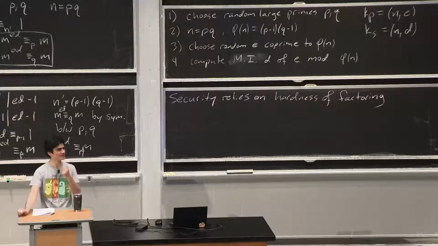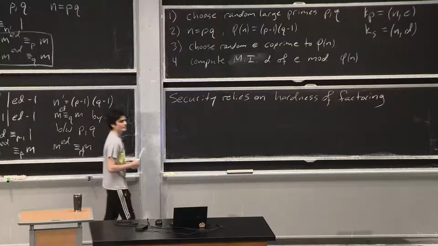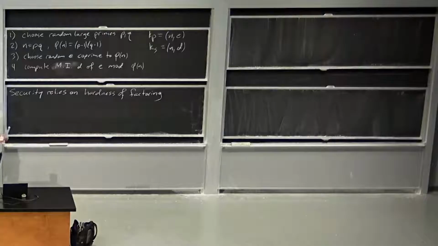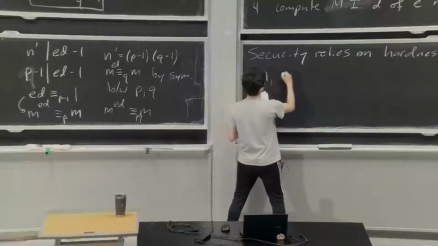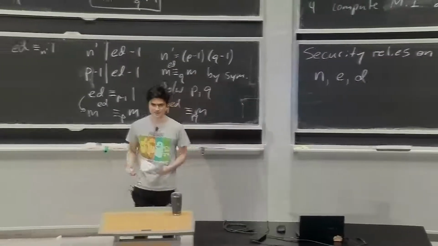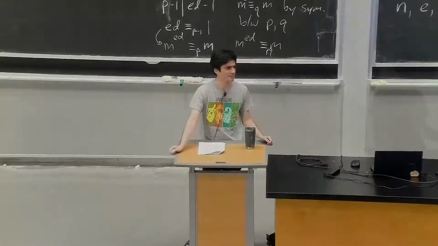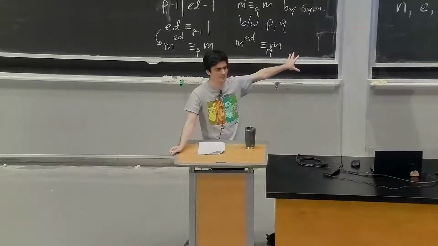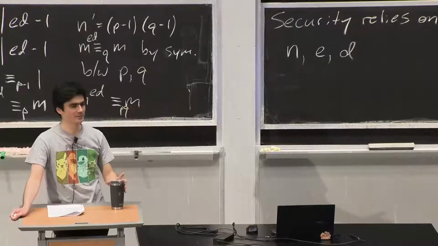Does that make sense? Okay, so suppose I have n, e, d. Suppose I've used the public key to come up with the secret key. So now I have these three pieces of information. Does this now allow me to factor n?